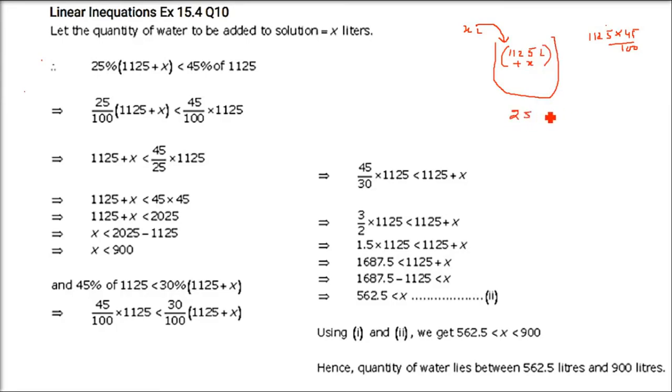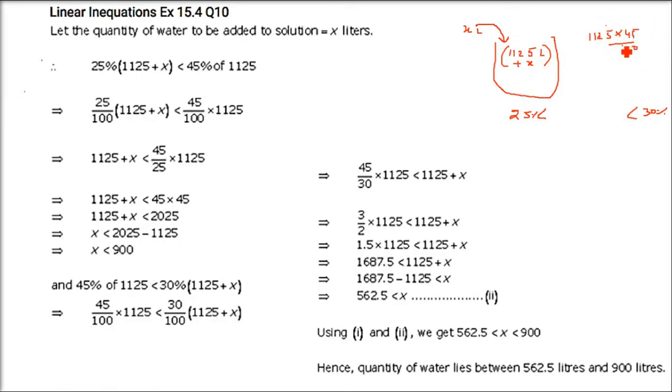So the acid must be greater than 25% and less than 30%.